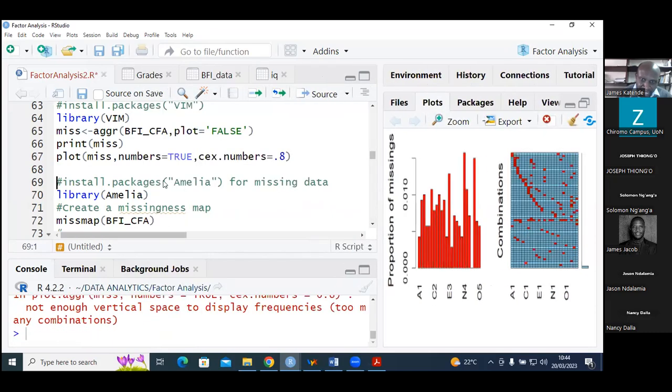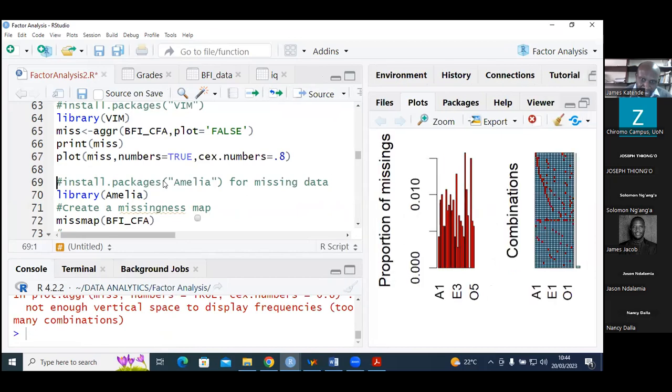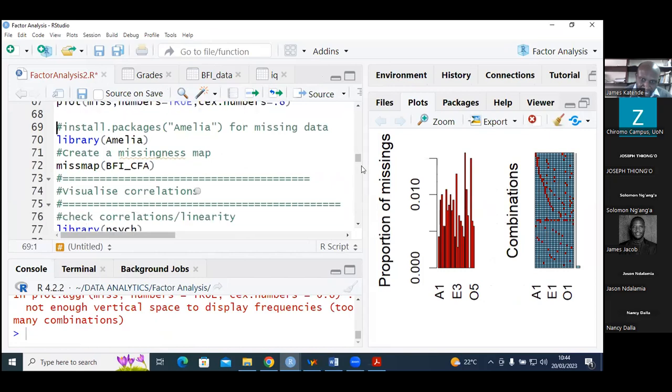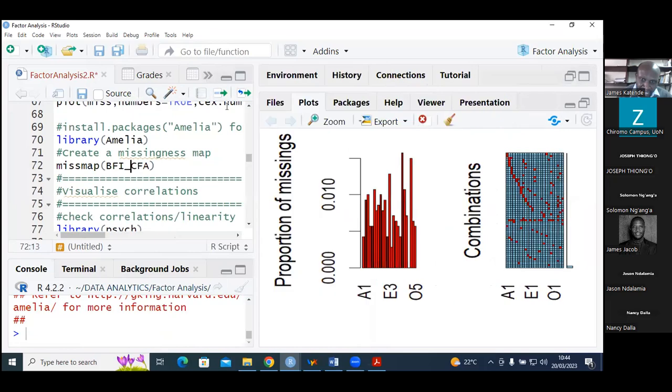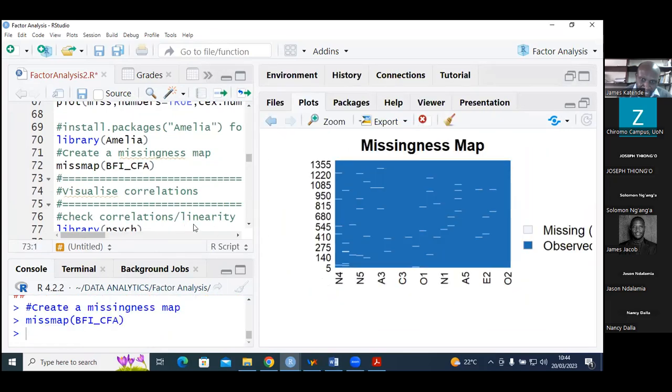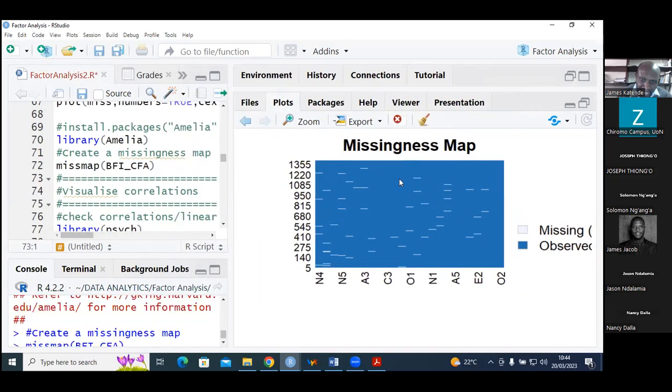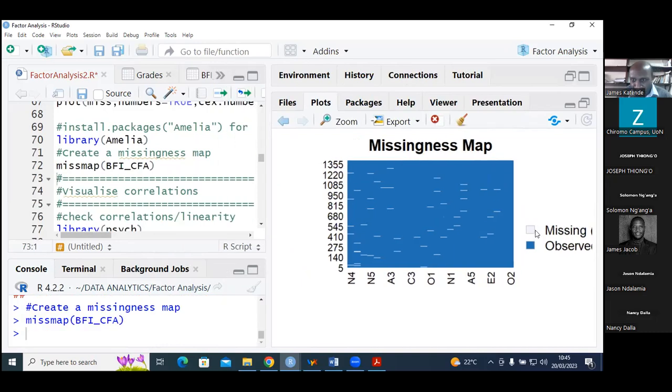This is another way of viewing the missing data again. There's this package called Amelia. You can load it, and then you can draw the map for the missing data. Again, this shows you the missing data. Here we have a legend that classifies what's missing.